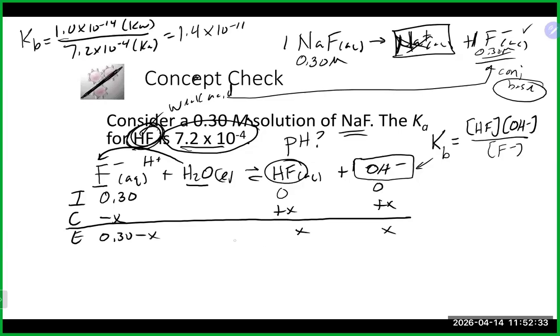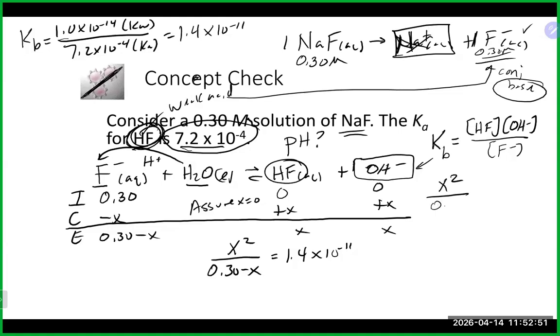We're going to go x squared divided by 0.3 minus x equals, again, our Kb value in this case. That is a small Kb value, so I'm going to assume x is approximately 0. So that's going to reduce that down to x squared over 0.3 equals 1.4 times 10 to the minus 11.